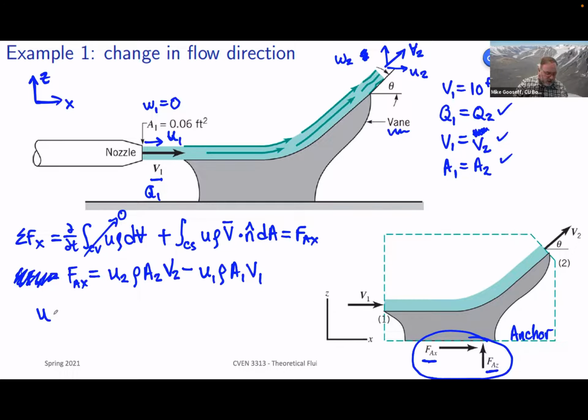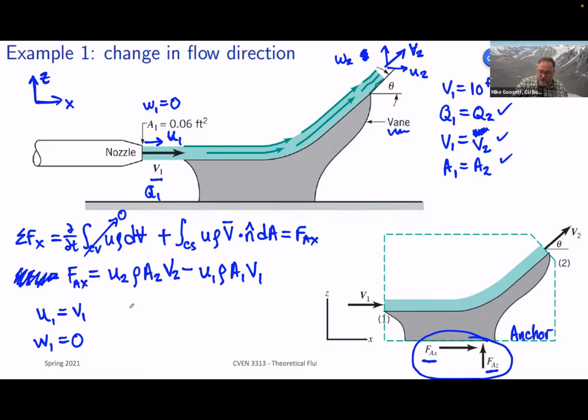So U1 is, of course, equal to V1 coming in, and W1 we said was equal to 0. The little w, this is a lowercase w, is the z component of velocity.